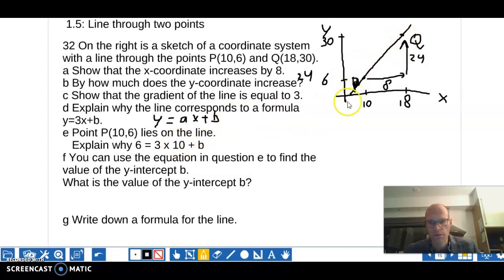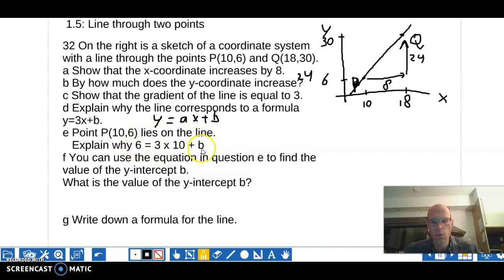And that means that if I have an x value of 10, then the line goes through 6, so the formula should also give me a y value of 6. So if I fill in 10 in the formula, so instead of the x I write down a 10, I should get a 6 as an answer. So that is what is done over here.